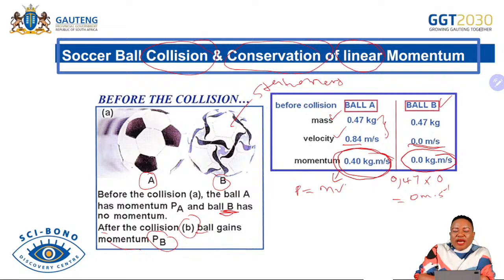Meaning that, how do we now use the law of conservation of linear momentum? I will always emphasize the issue of linear, because we are dealing with motion in a straight line.